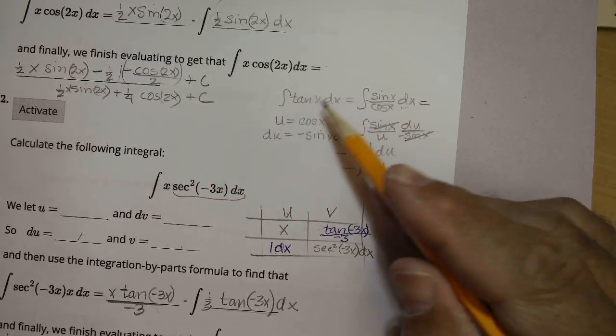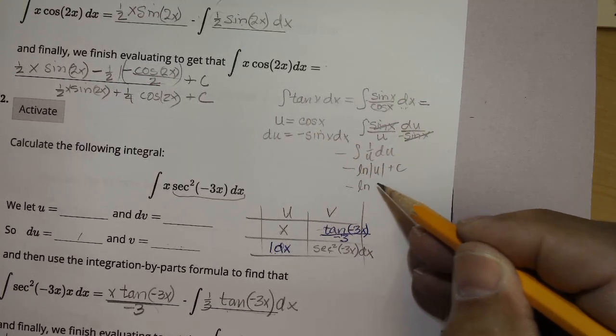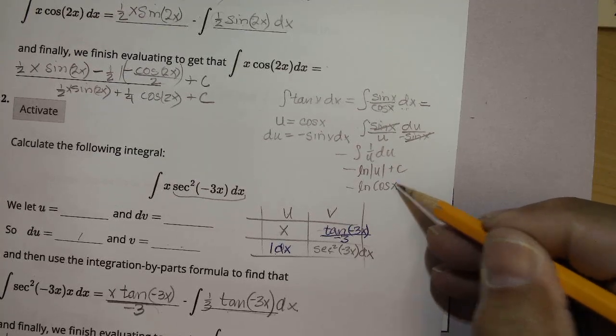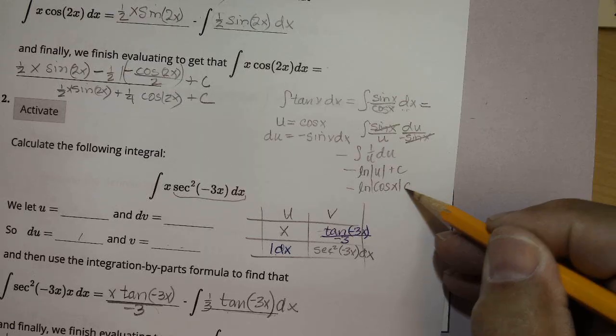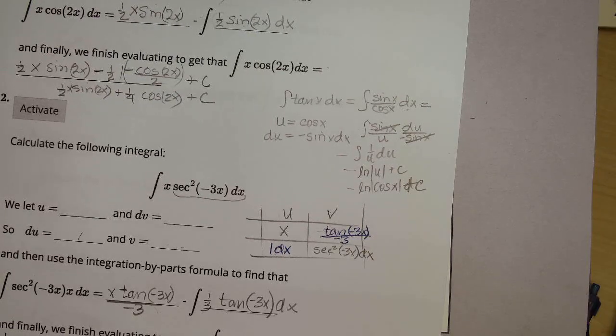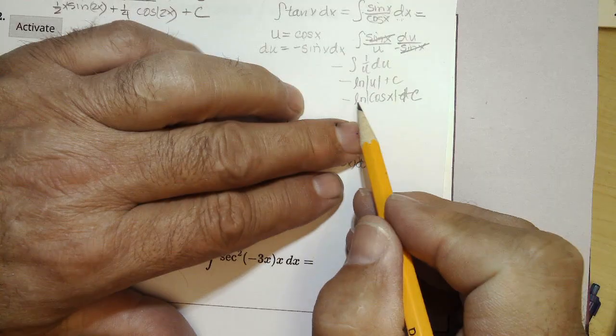But u was the cosine, so it's minus ln cosine of x plus c.